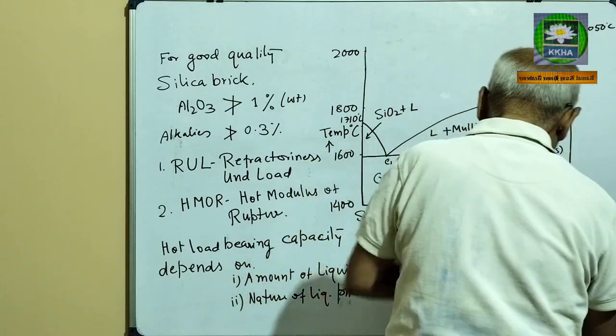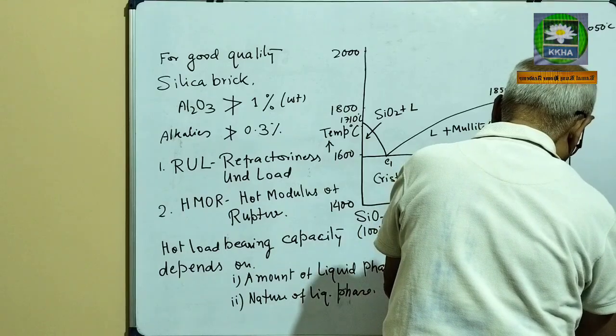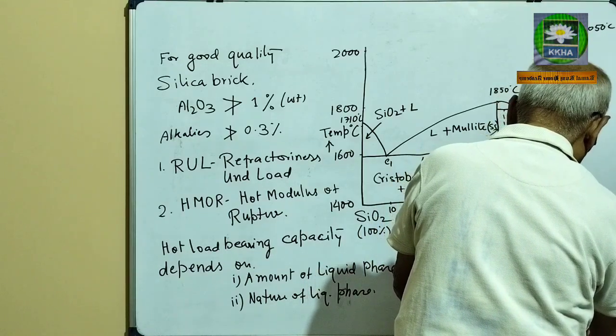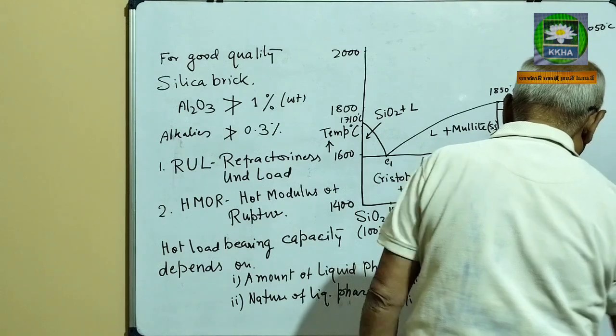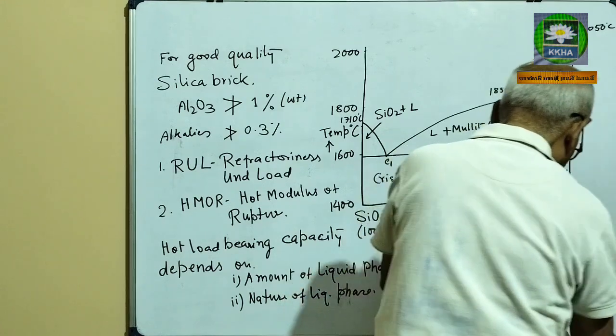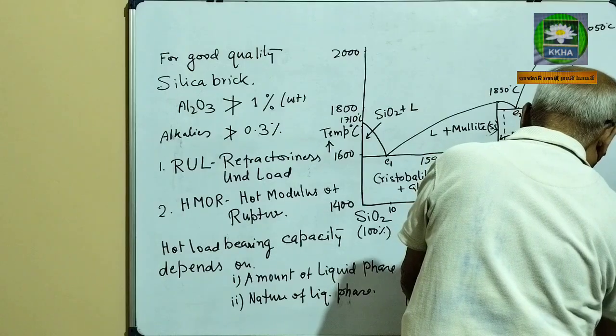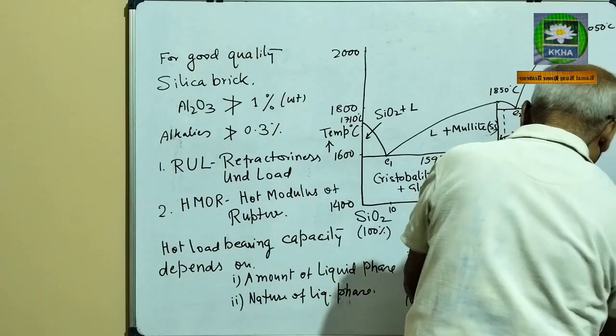For pure mullite, theoretically alumina Al2O3 is 71.6%, and rest is silica, SiO2, 28.4%. These are theoretical values.